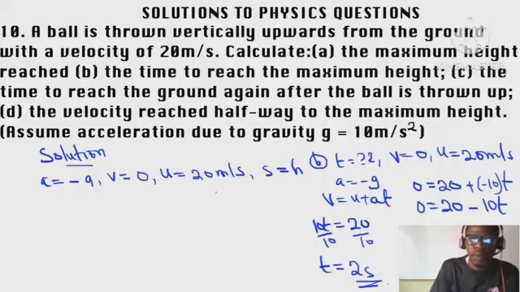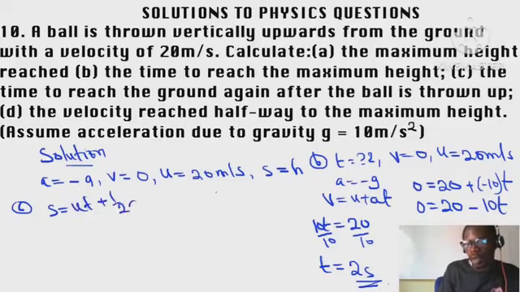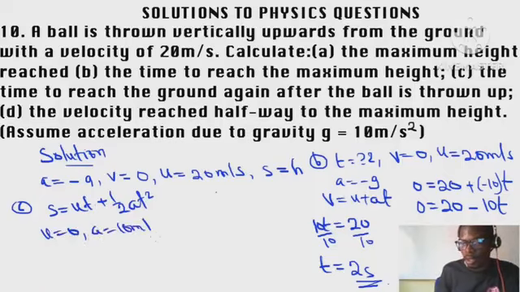Okay, now for C, we said the time taken to reach the maximum height is also equal to the time taken to return, which is 2. But we can as well use x equals ut plus half at squared. When you are using that, note that the initial velocity here is equal to 0, and our a is going to be 10 meter per second square.